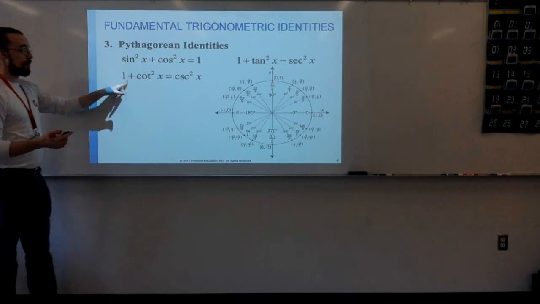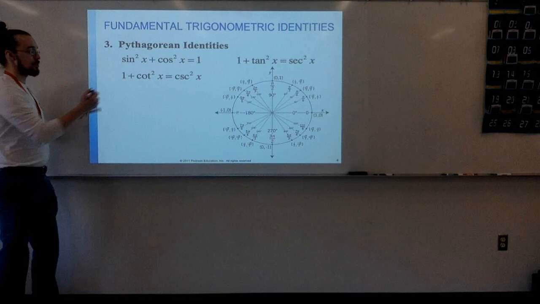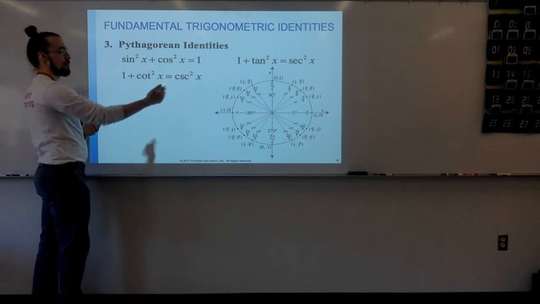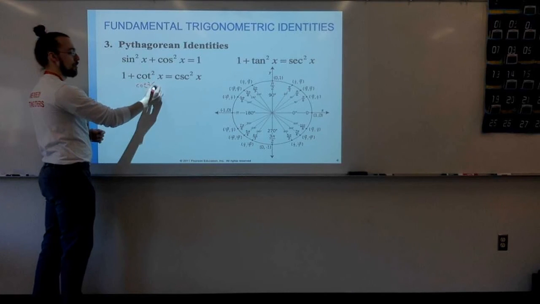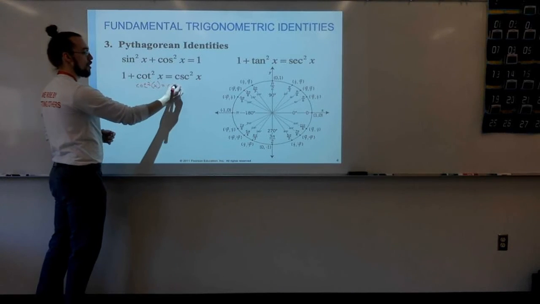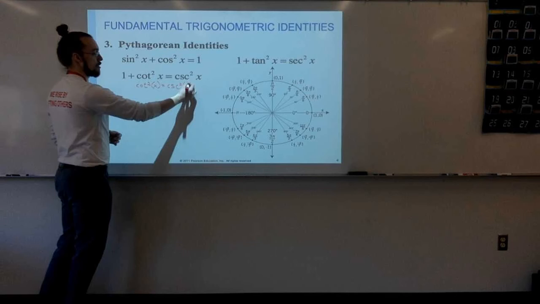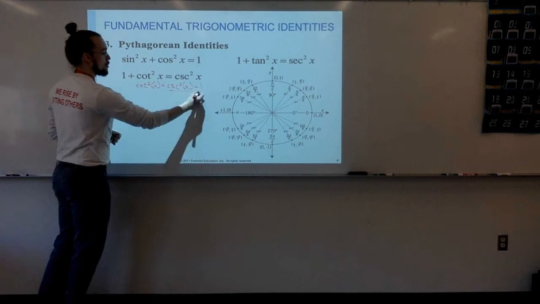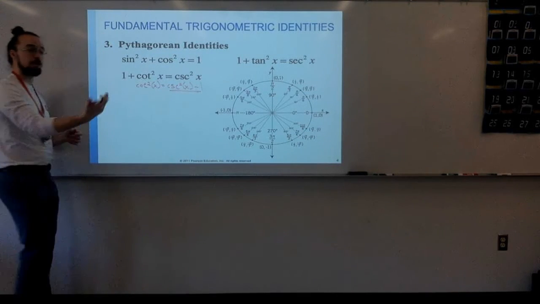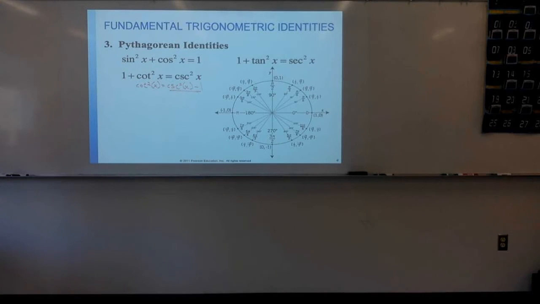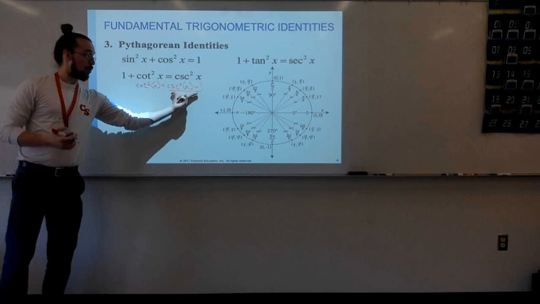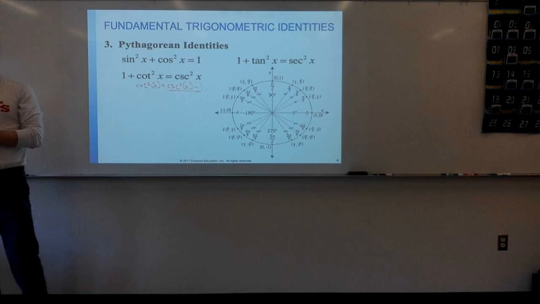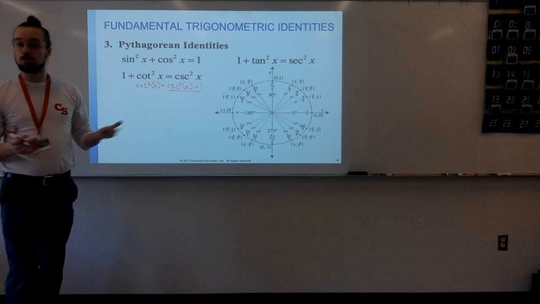So, right here, if I subtract 1 from both sides of this equation, I end up with cotangent squared of x equals cosecant squared of x minus 1. So this is what's showing up in the numerator of our problem, cosecant squared minus 1. So what I can do is replace that whole thing, cosecant squared minus 1, with cotangent squared.